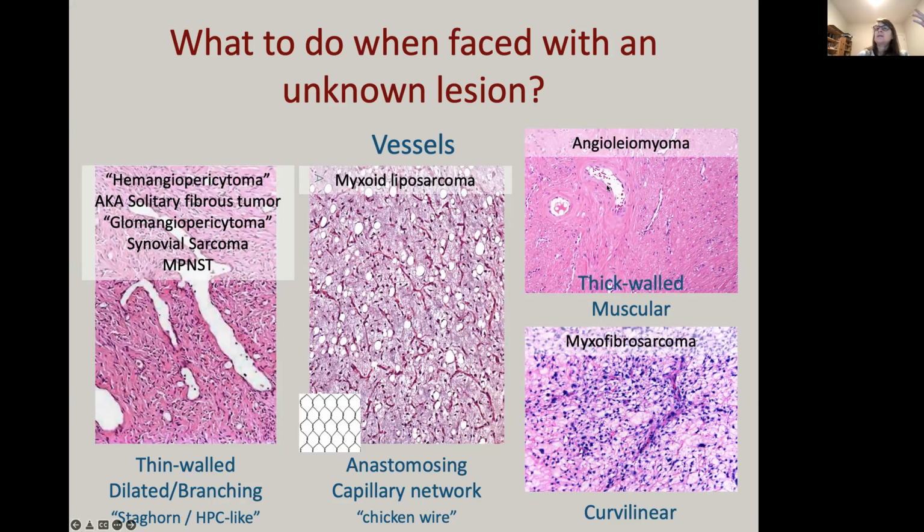If you have something on the top here that's very thick-walled and muscular, like I said, and there's whirling around a vascular lumina, that might refer to something like an angioleiomyoma or some kind of other hybrid tumor of vessels and muscles.